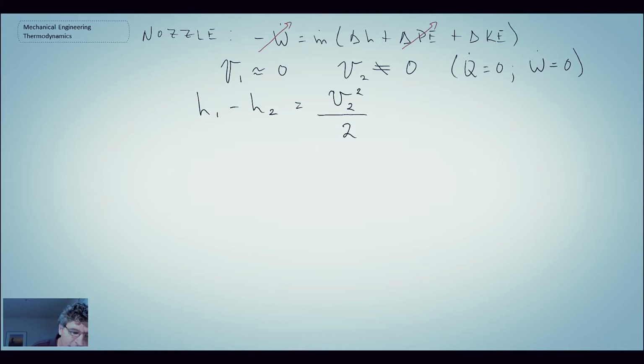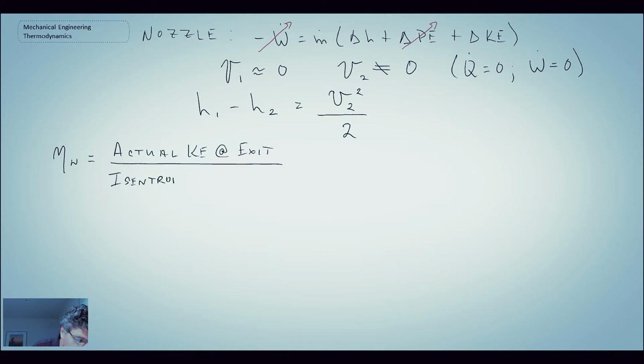Now looking at the component efficiency, I'll write it over here so that we have room because I still want to put the Mollier diagram on. We have actual kinetic energy at the exit divided by isentropic kinetic energy at the exit. The way to express that is V2 actual squared divided by V2 isentropic squared. That is our expression for the efficiency.